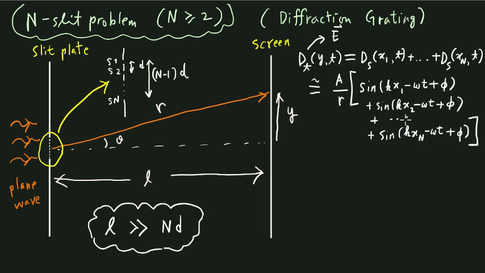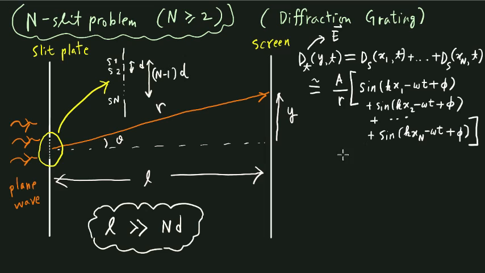In the double slit case, we could do this sum of two sine functions very easily. Now we have n sine functions to sum, and if you try to do this using trigonometric identities, you will find that it's actually a pretty complicated thing to do. The right way of summing up these sine functions is actually to use complex numbers. And how do we actually do that?